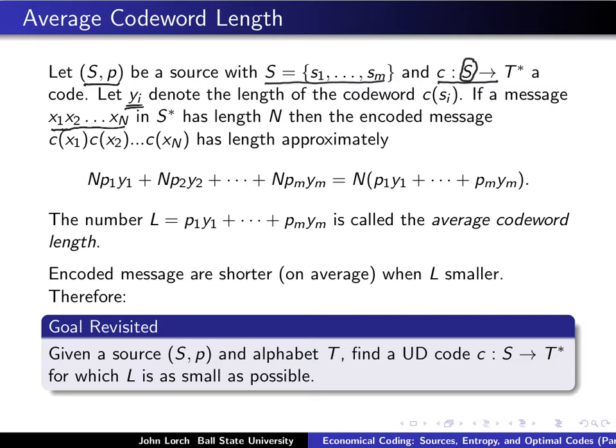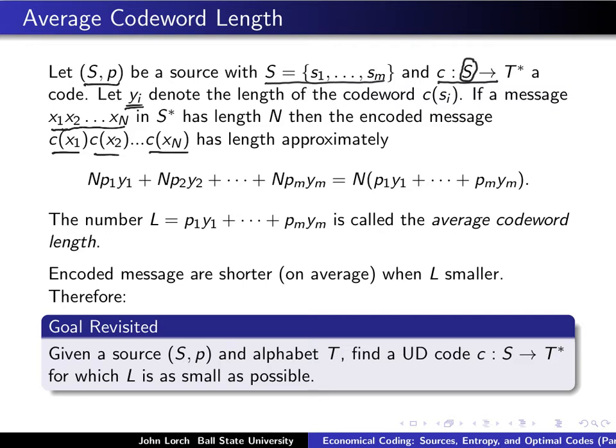So this is more than just a single letter in S. It's a combination of letters occurring in S star. Suppose we have that message and we want to encode it. To encode that message, we encode each letter individually, so we do that N times, once for each of the N letters in the original message.